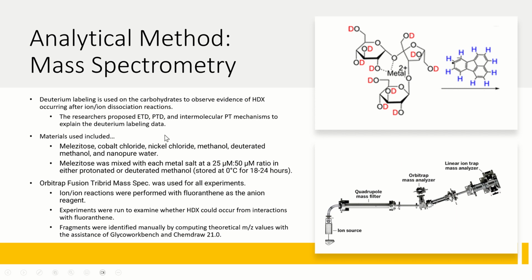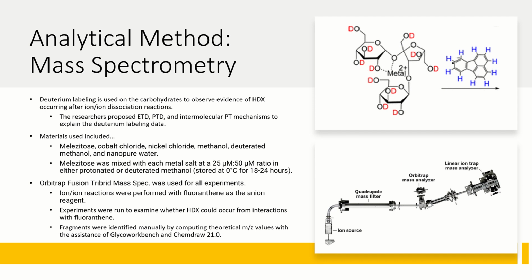The materials included are the melezitose, cobalt chloride, nickel chloride, methanol, deuterated methanol, and nanopure water. I'll tell you why cobalt and nickel are mainly mentioned here, because further discovery is made on that.